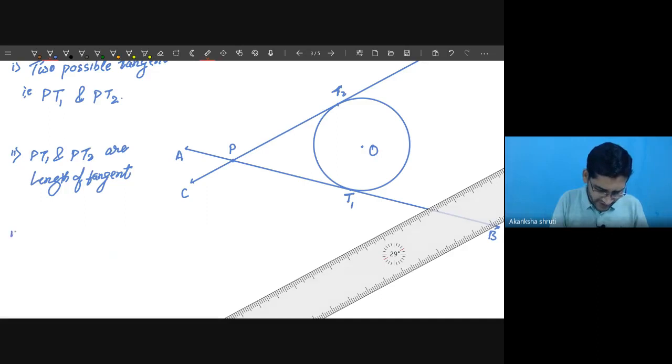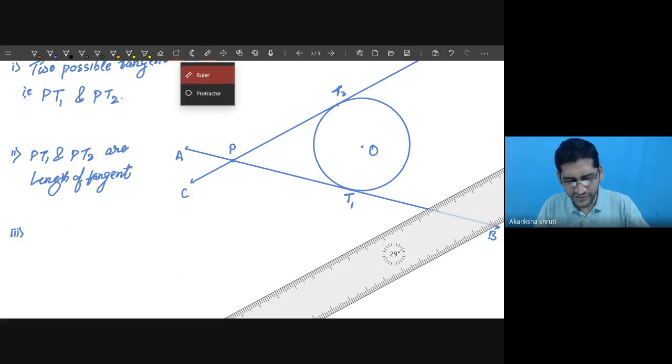The third point: it can be proved that the lengths of two tangents drawn from an external point are equal. That is a very important property, and based on this, so many questions are framed.